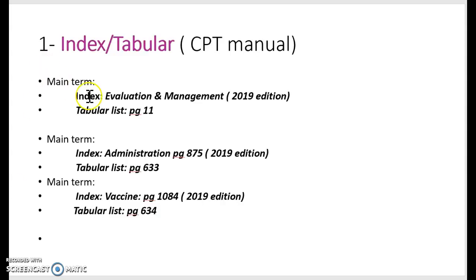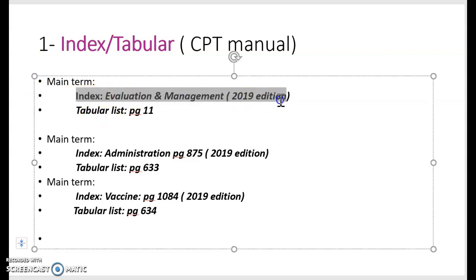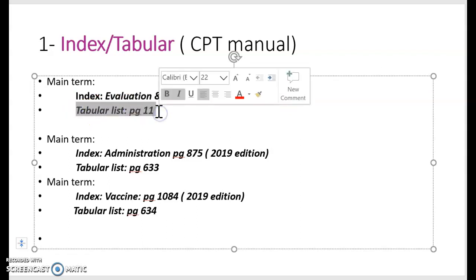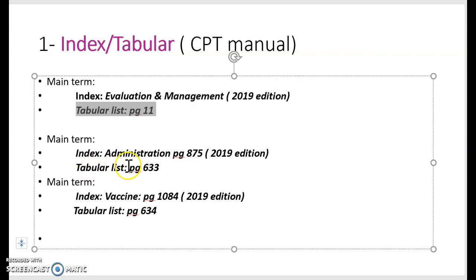This is additional information that I'm posting for you. Where would you go in the index? What's your main term? And where is the tabular list for evaluation management? And you will do the same thing for administration and vaccine. I have posted the pages for you in order to help you. Where will you locate them in your CPT manual?